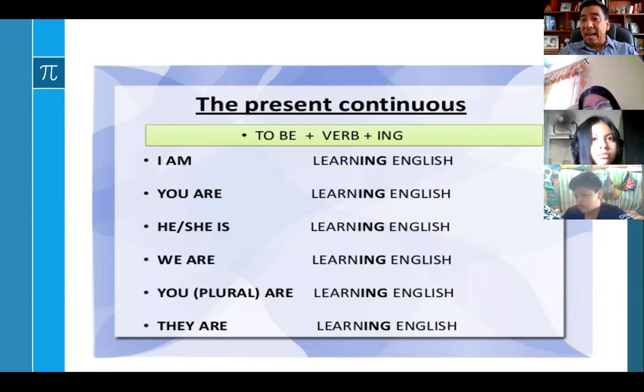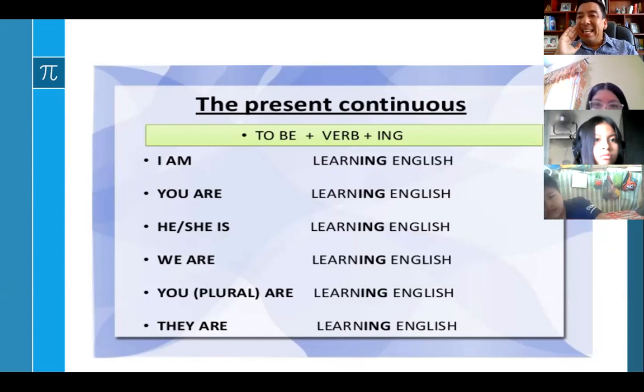That is the action that I am doing in this moment. Okay. If we want to conjugate this verb, you are learning English. He or she is learning English. We are learning English. You are learning English and they are learning English. Simple, right? Very, very simple.